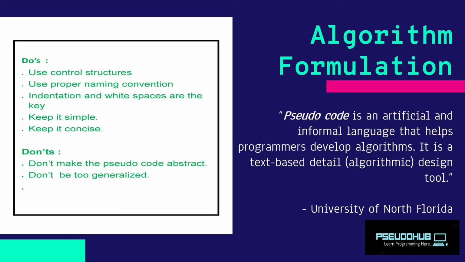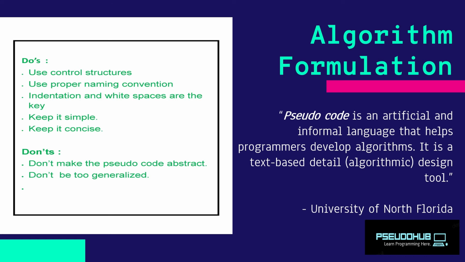For example, your variable is for asking input of a name from your user. What is the name of your variable? You can name it user name, user full name, user first name, user last name, so that later on, even after many years, when you look at your code, you know the purpose of that variable. So that's an example of using a proper naming convention, right?